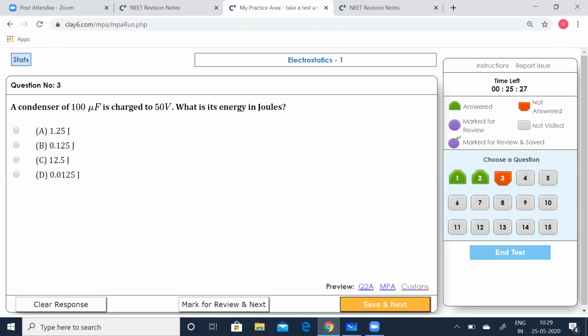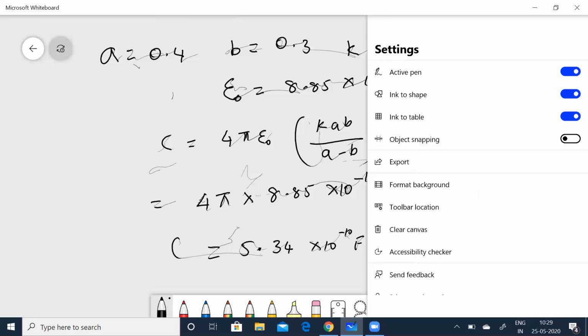A condenser of 100 microfarad is charged to 50 volts. What is its energy in joules? So we all know that energy stored in a capacitor is now given by half CV squared. So given C is equal to 100 microfarads and V is given as 50 volts.